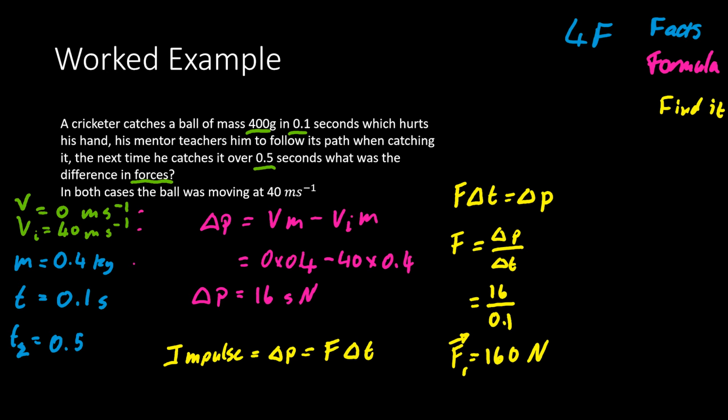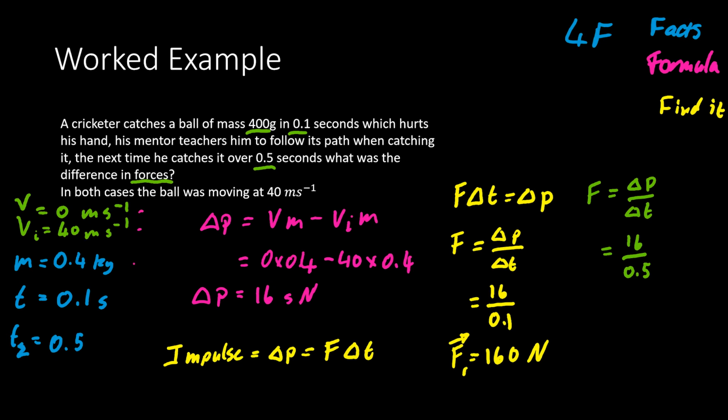Let's try this again, but with our second time. So same process, force is equal to delta P over delta T, which in this situation again is our same 16 newton seconds, because that's the same change in momentum, but this time it's over a time of 5 times as much, 0.5.